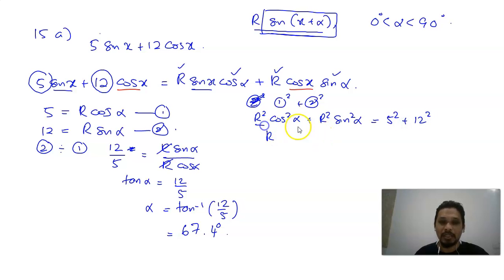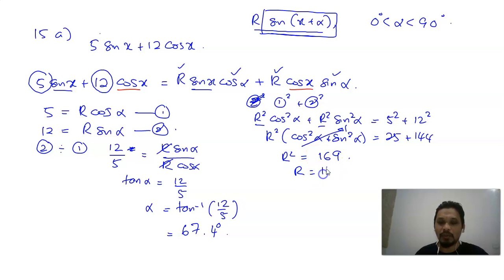Then factorize r squared, then you get cos squared alpha plus sine squared alpha equals 25 plus 144, and cos squared plus sine squared equals 1. Then r squared equals 25 plus 144, 169, then r equals 13.